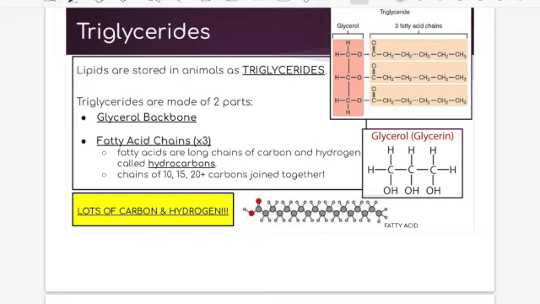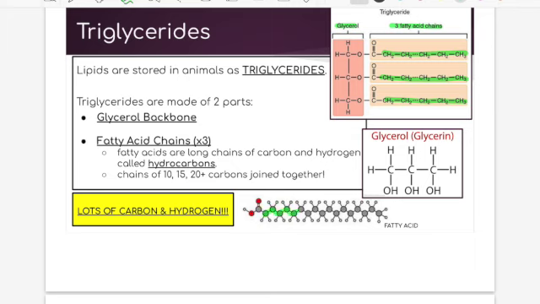Okay, we kind of already talked about this, so I won't spend a lot of time. Just to review, triglycerides have these 3 fatty acids attached to a glycerol. So we've got a glycerol and we've got 3 fatty acid chains. Again, like we talked about, the majority of these chains here are the hydrocarbons, right?